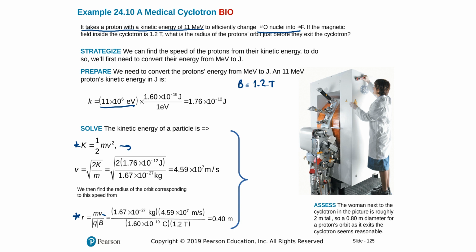So we calculate the kinetic energy in joules. I use all SI units, remember. Input it in here and solve for the speed, which will be 5.59 times 10 to the 7 meters per second. Then we will find the radius using that.